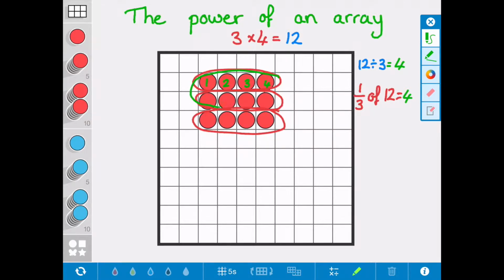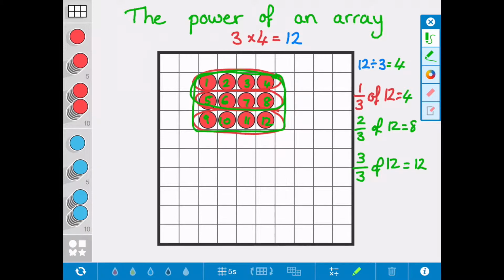That 2/3 of 12 equals 4, 5, 6, 7 and 8, and 3/3 of 12, which of course is all of it, equals 8, 9, 10, 11, 12.